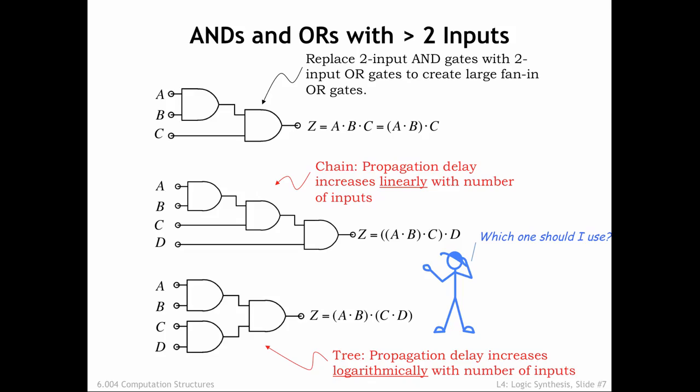But in large circuits, A, B, C, and D might arrive at different times depending on the TPD of the circuit generating each one. Suppose input D arrives considerably after the other inputs. If we use the tree circuit to compute the AND of all 4 inputs, the additional delay in computing Z is 2 gate delays after the arrival of D. However, if we use the chain circuit, the additional delay in computing Z might be as little as 1 gate delay.